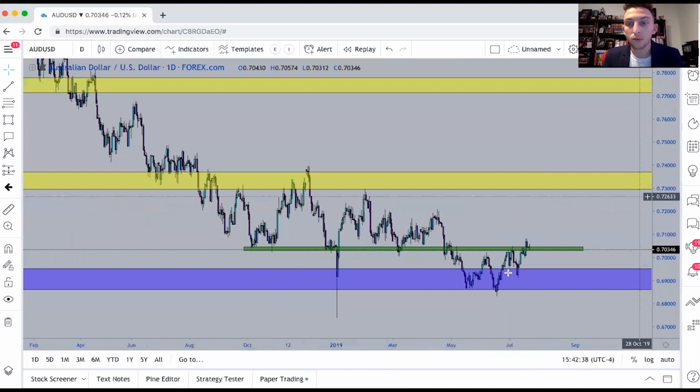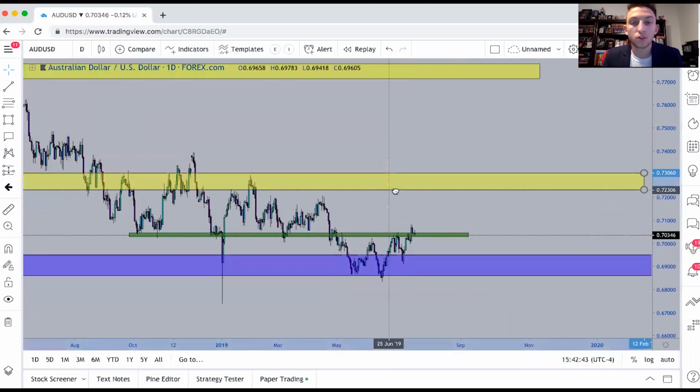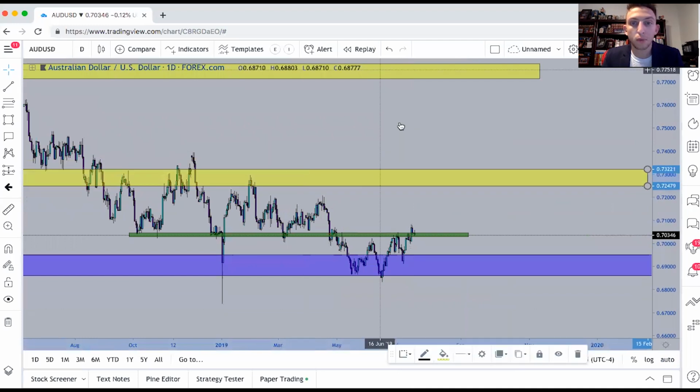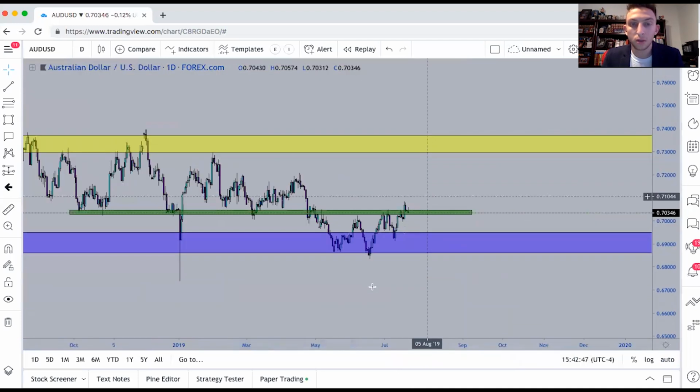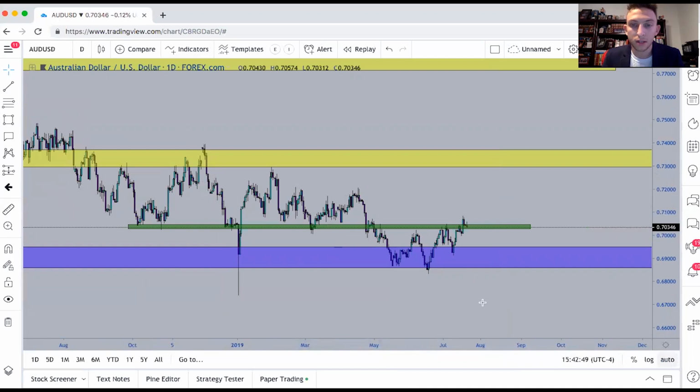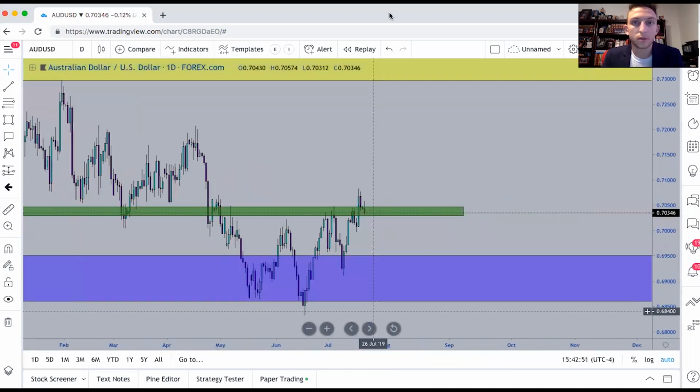So we know overall that we have a bullish bias in the market, but are we trending? Do we have a bullish trend just yet? Well, let's look at the flow of the market right here on the daily time frame. We see that price, we're going to mark our moves in the market.